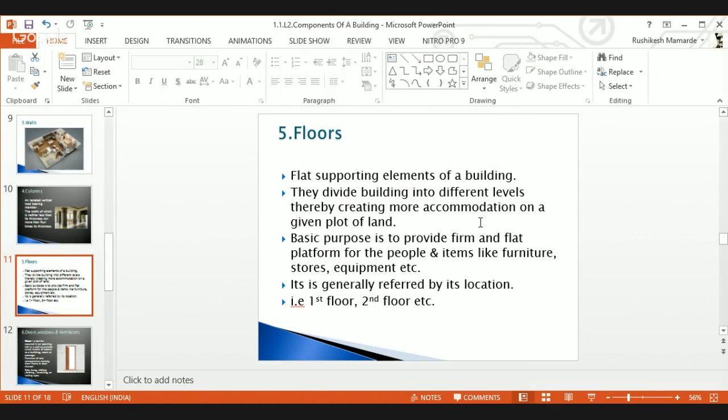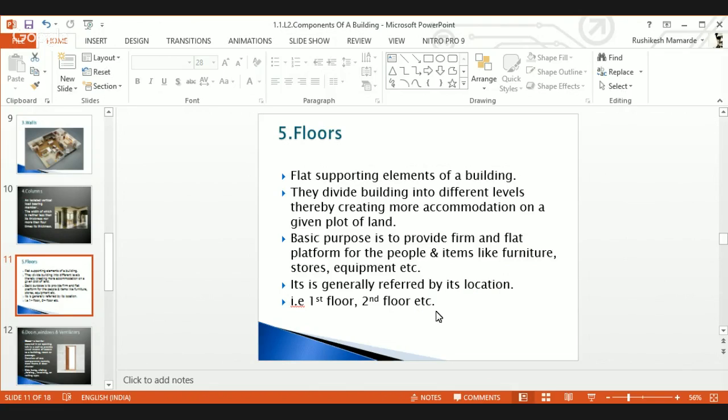The basic purpose is to provide a firm and flat platform for the people and items like furniture, stores, equipment. That is dead and live loads. I already told you. So to provide a flat platform, floors are there. It is generally referred to by its location.